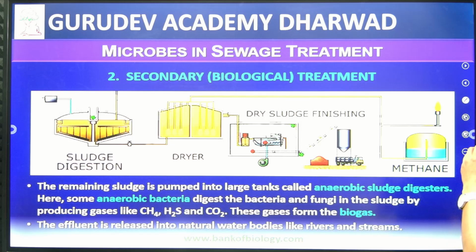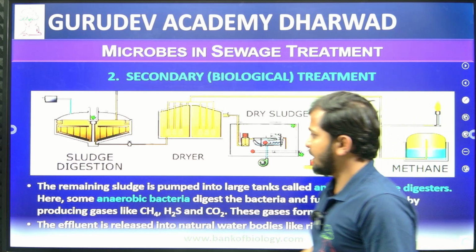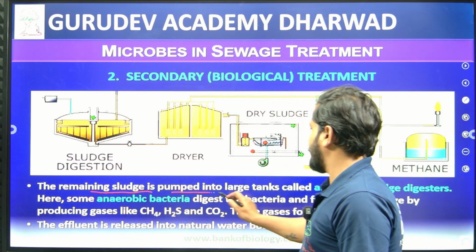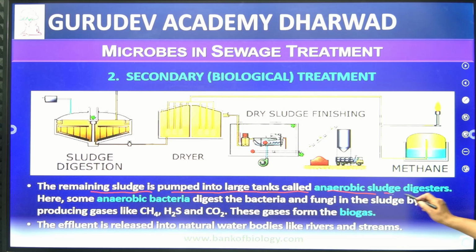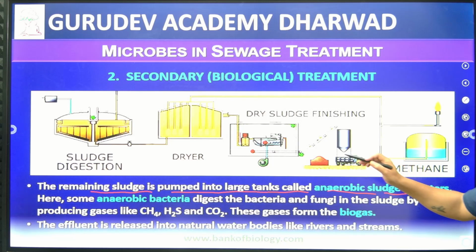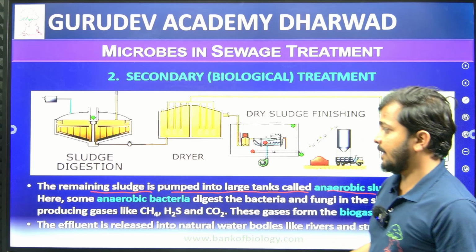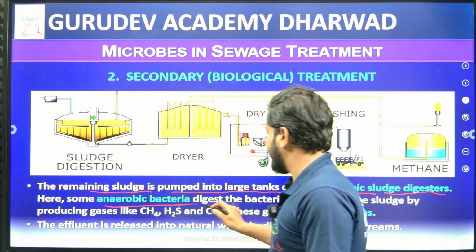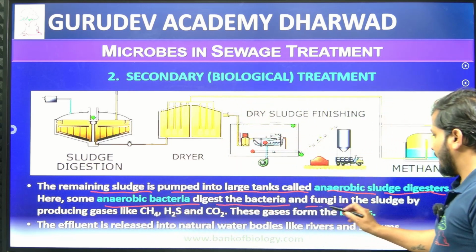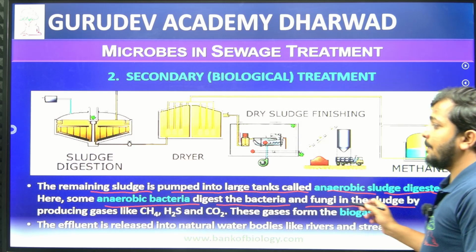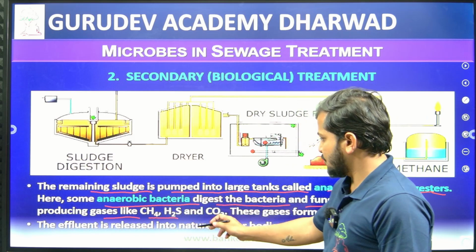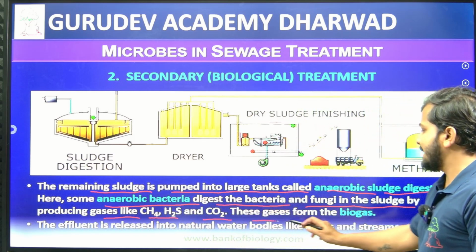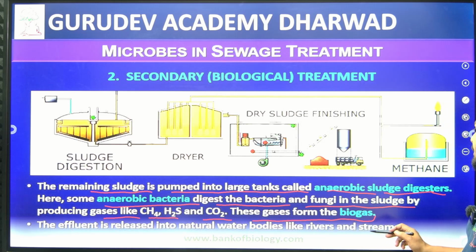The remaining sludge is pumped into large tanks called anaerobic sludge digesters. Some anaerobic bacteria digest the bacteria and fungi in the sludge, producing gases like methane, H2S and CO2. These gases form biogas.